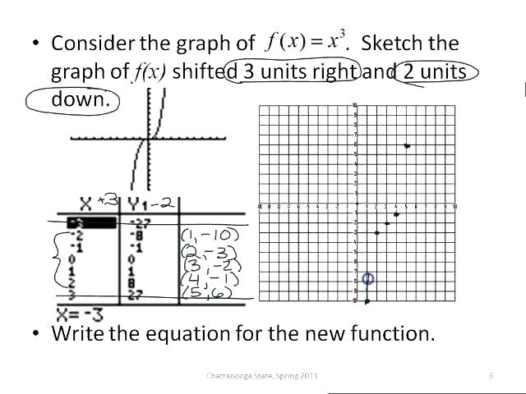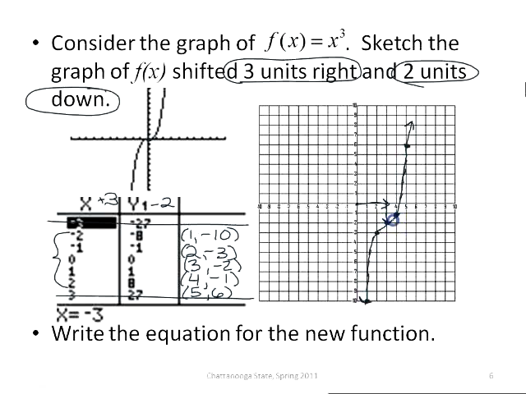So my new function is going to have this kind of shape to it. Same graph, it just is shifted. It started out kind of being centered right here, but it shifted over 3 units and down 2 units.